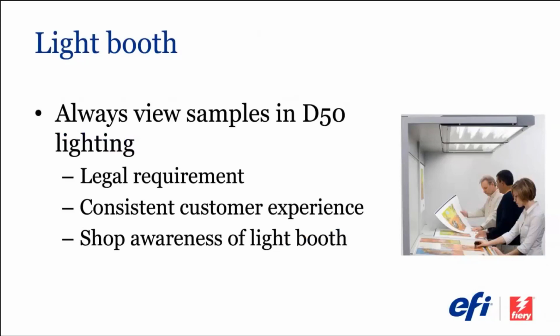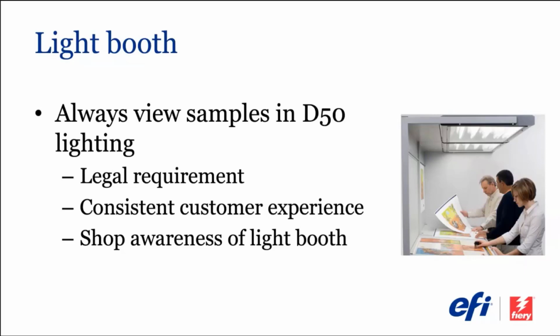That's not entirely accurate, because if you go down to your local home improvement store, you might have daylight lamps from different manufacturers, and they're not necessarily going to give you the same color and quality of light. There's variation, and the printed material, the inks and toner and media that we use will react differently under different daylight lamps. So you want to make sure you get the right ones.